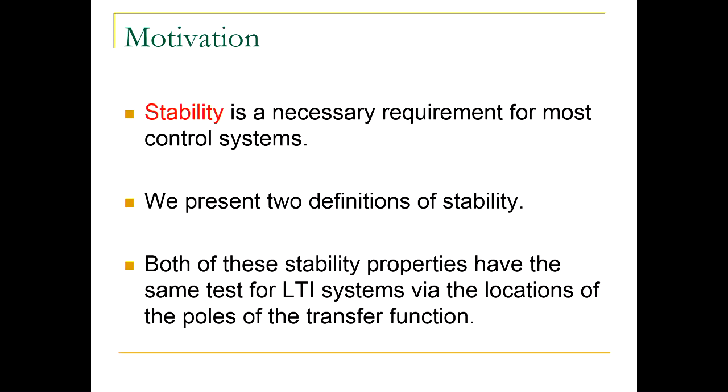Typically, you would require stability of any feedback control system. I was asked the question, are there cases where unstable systems are important? There are such cases. One good example might be a continuously stirred tank reactor, where some variables just keep growing.